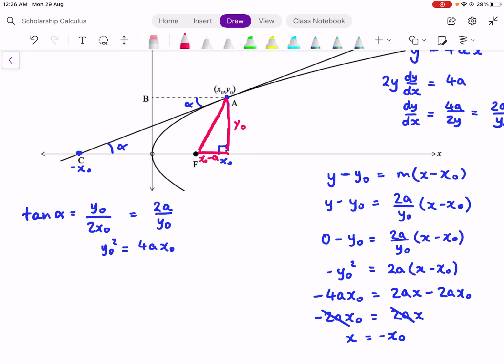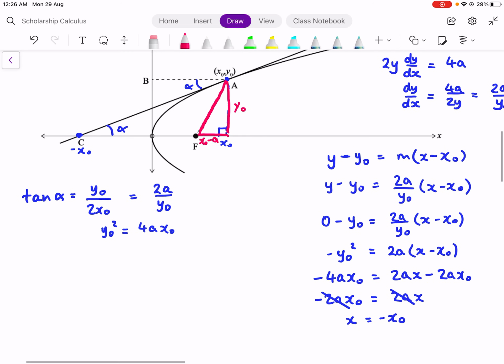So if I want to find the length of that, I use Pythagoras. So if you square both those things, FA is the square root of y naught squared plus (x naught minus a) squared.